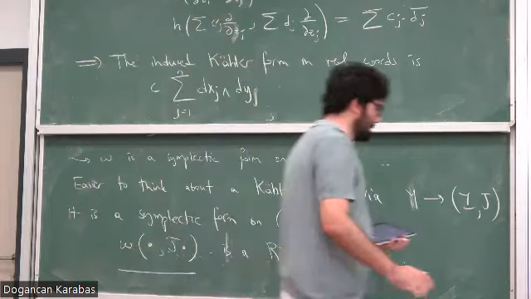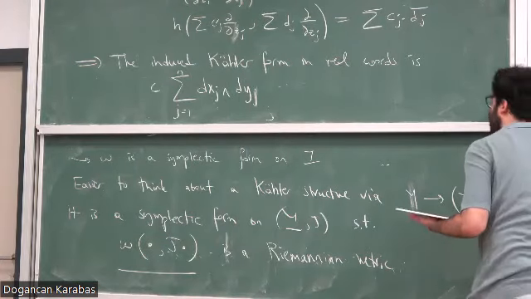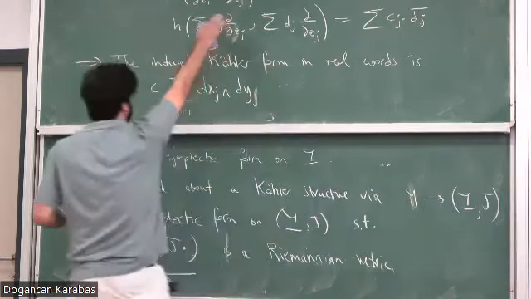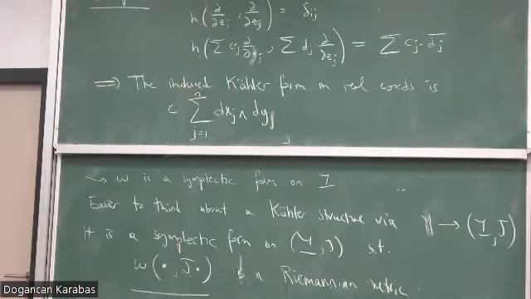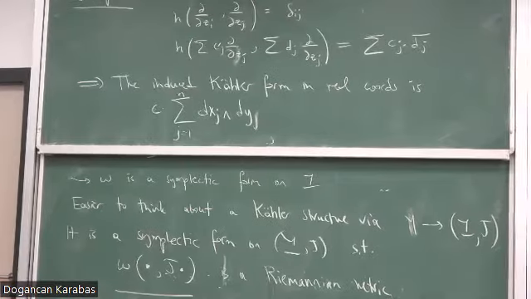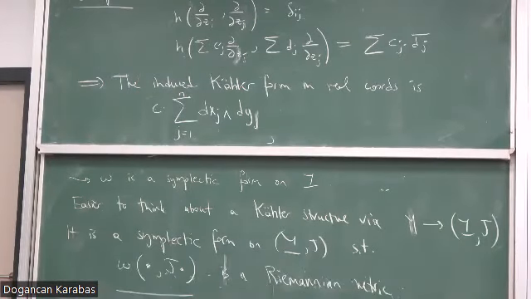So this is a very important example because you can take any complex submanifold of Cn and restrict this structure to it to obtain another Kähler structure on that submanifold.